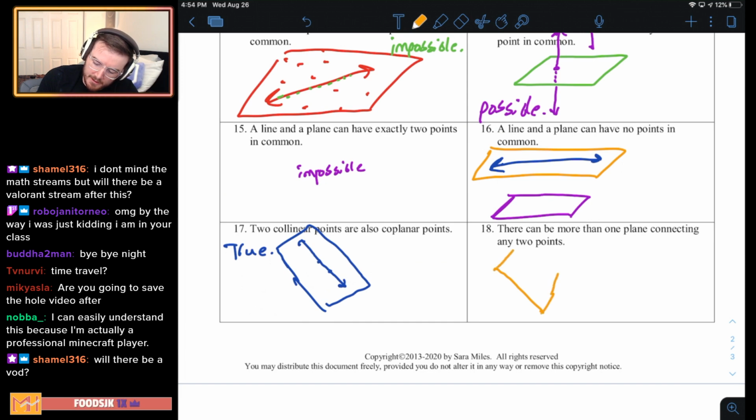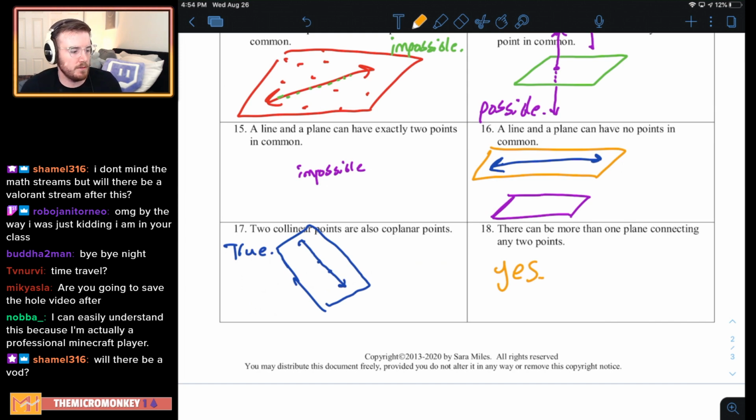Off into the distance. But I can have another plane that crosses through this way, right? Oh, that's a terrible drawing. That's too hard to draw. I'll see if I can find a good diagram for class tomorrow. The answer is yes. I don't have one handy at the moment, but I'll try to find a good one online, and I'll show you next class.